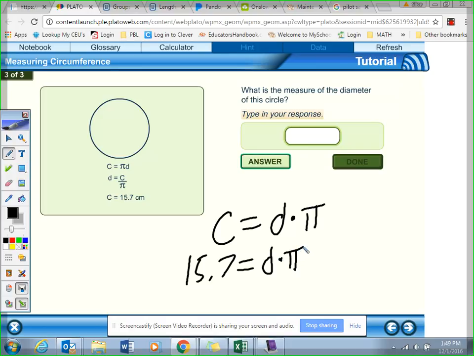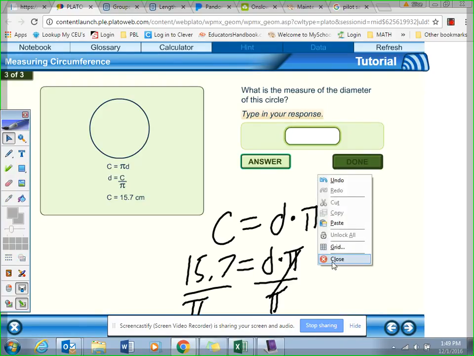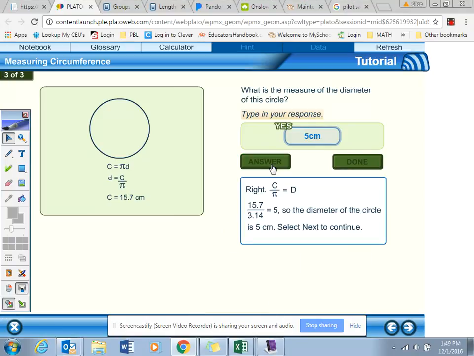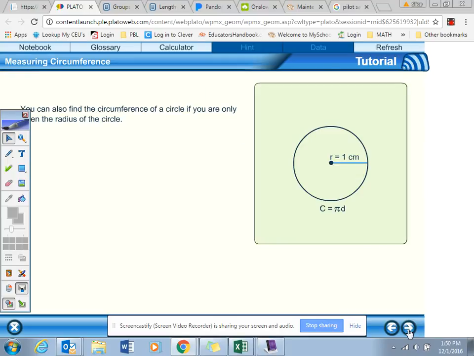If I divide both sides by pi, d equals, you said 5? Okay, so when you divide that, you should get 5. Let's see if that's right. There you go, 5 centimeters. It's about working that formula. Okay? Cool, there we go.